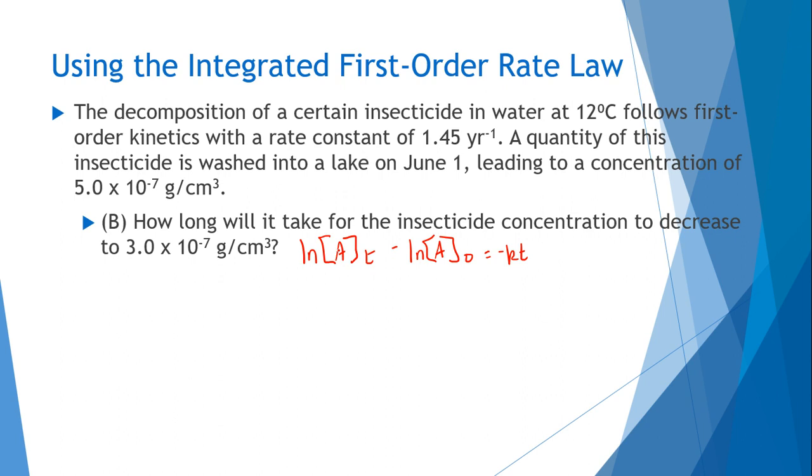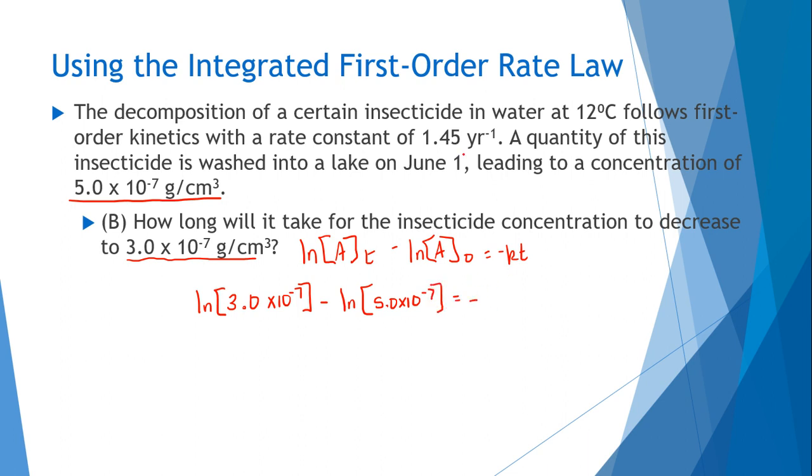Here, it's giving me my final concentration of 3.0 times 10 to the negative 7th, unlike last time. So now we can just plug it in. We're going to subtract it from our initial concentration, which is the same as the last problem, 5.0 times 10 to the negative 7th.